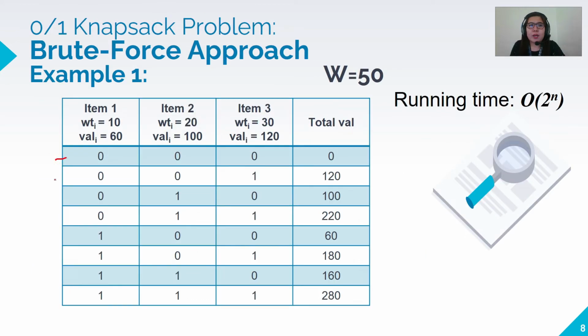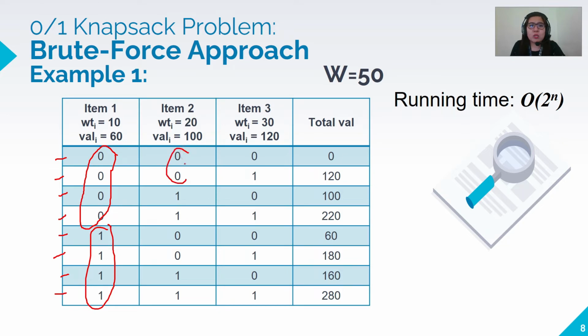So we have here 8 combinations of our zeros and ones. Okay, we have divided 8 by 2. So 8 divided by 2, that is 4. So we have here 4 zeros and 4 ones. Then for 4 divided by 2, we have 2.